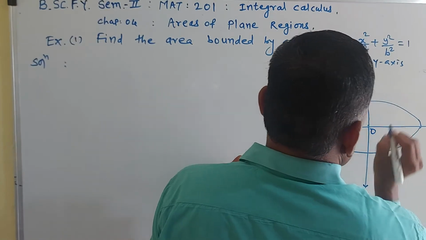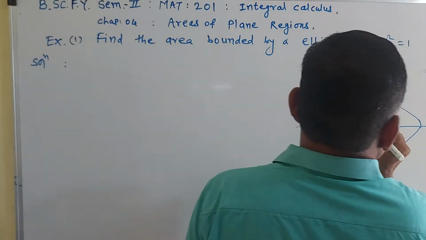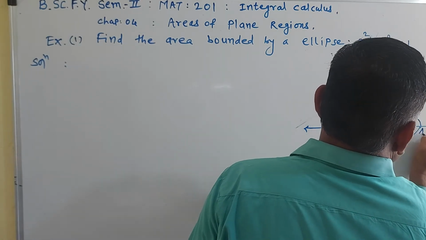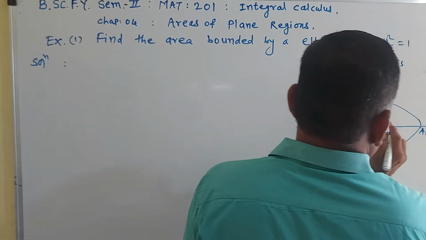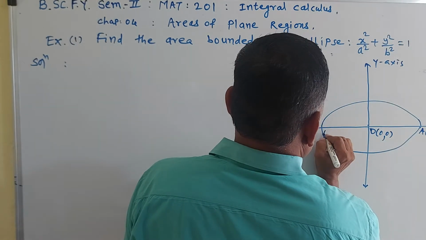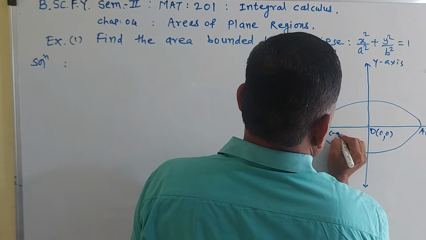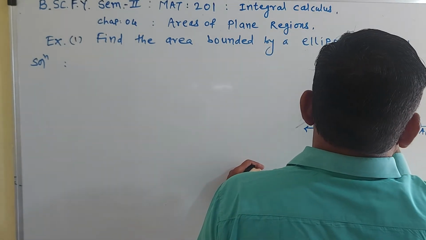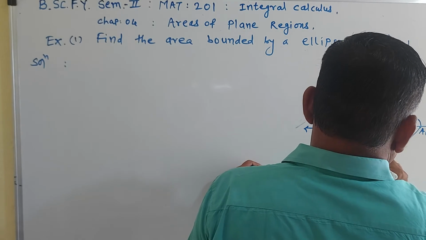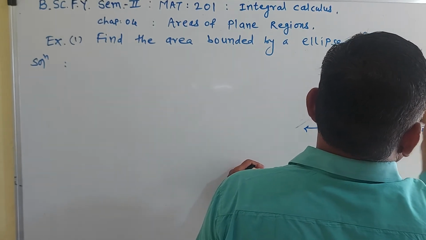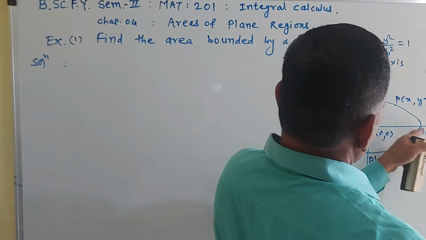Here suppose O has coordinates 0, 0. Suppose A is here, at distance O to A, coordinates a, 0, and here A dash, minus a, 0. B, suppose here B dash, and P is any point on this portion AB.